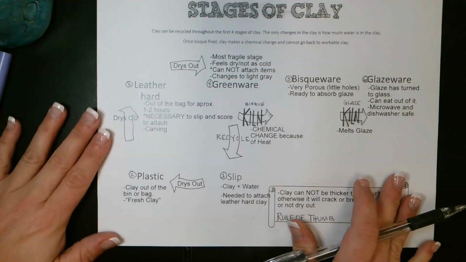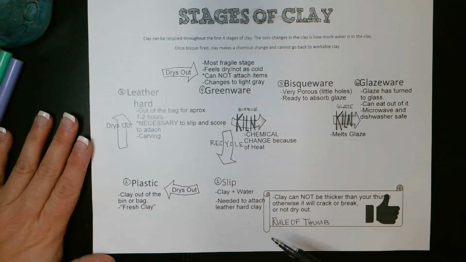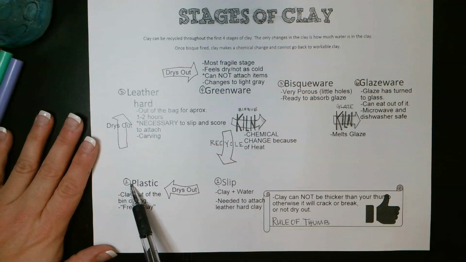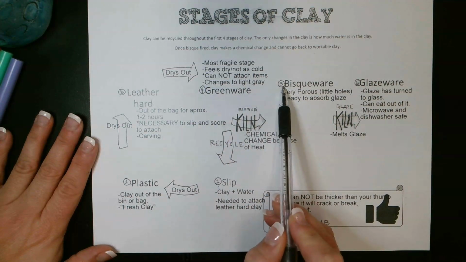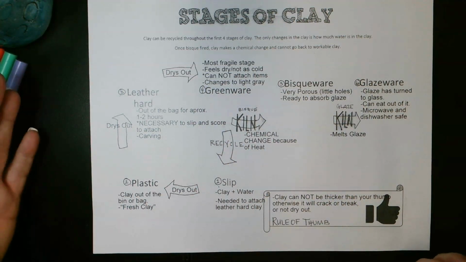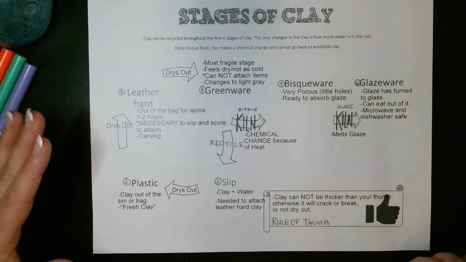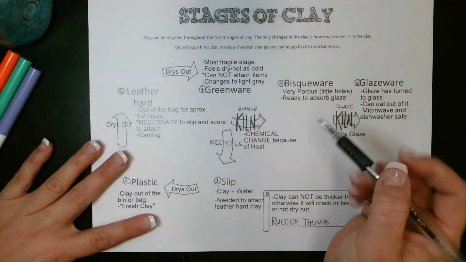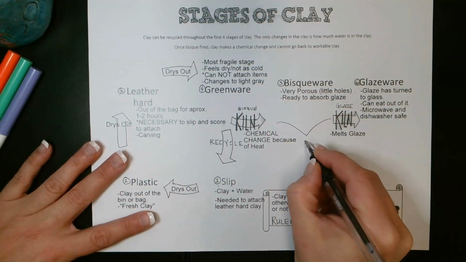So in these notes, it is kind of a little bit already organized for you in that it has a 1, 2, 3, 4, 5, 6, but there's some things that aren't numbered that also have information. For example, both of the kilns have information, so I'm going to just combine the kilns together and call that number 7.